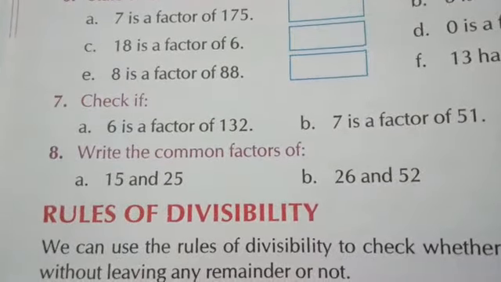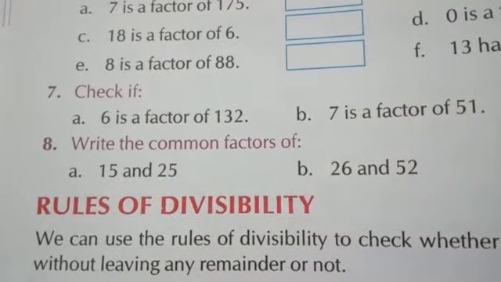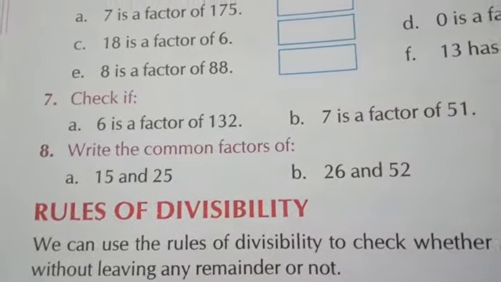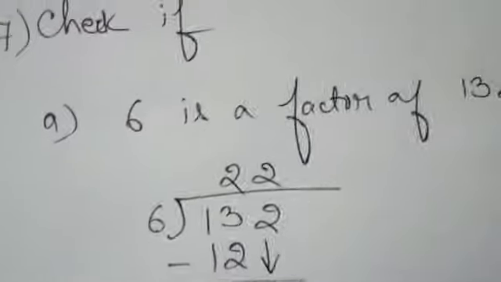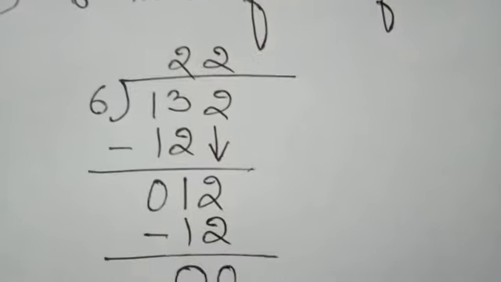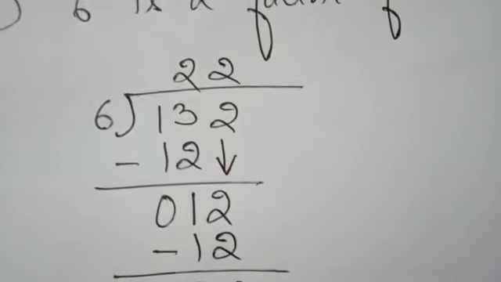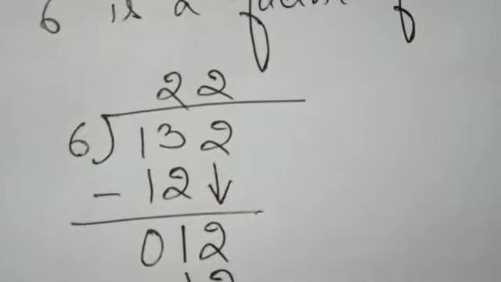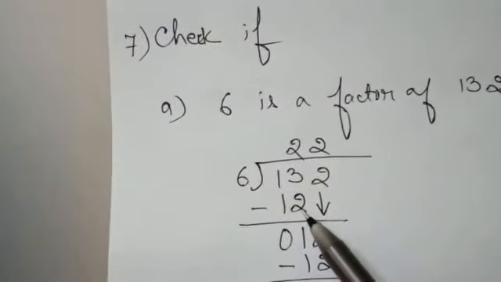One more sum I am showing you. Number 7. Check if 6 is a factor of 132. How to check it? Just look over here. You will divide 132 by 6. First I am taking 6 by 2 times. So 6 2s are 12.